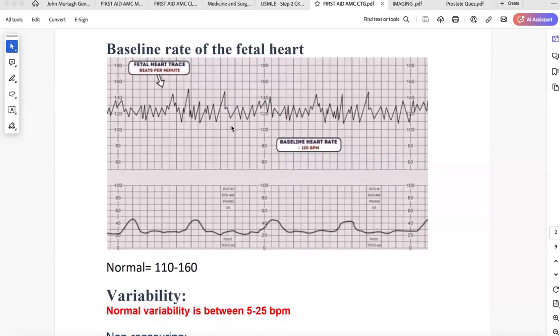Now, uterine contraction will not be super important, but can anyone tell me what is the normal intensity of uterine contraction? If you want to know whether the uterine contraction is hypotonic or hypertonic, you need to know the normal uterine contraction in active labor.